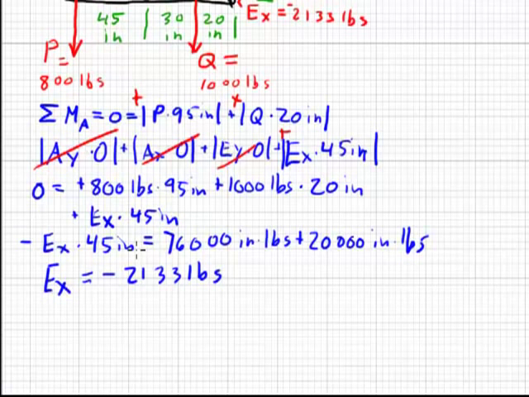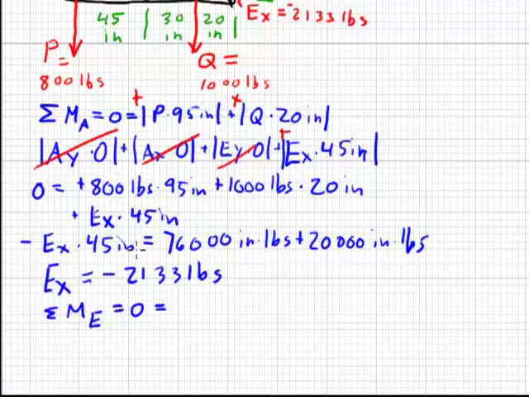I can now do my summation of the moments about point E, and it's very similar to the moments about point A. AY is going to multiply by 0. EX and EY are both going to multiply by 0.